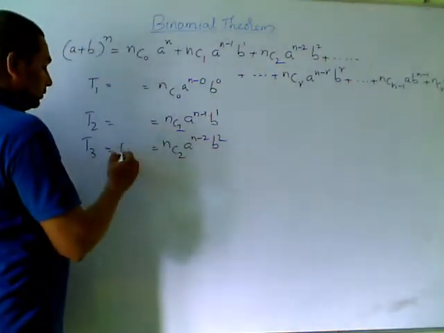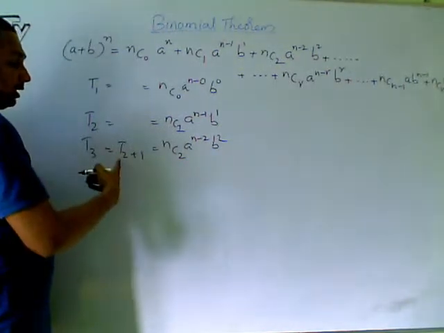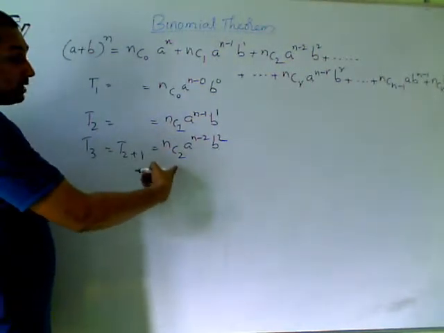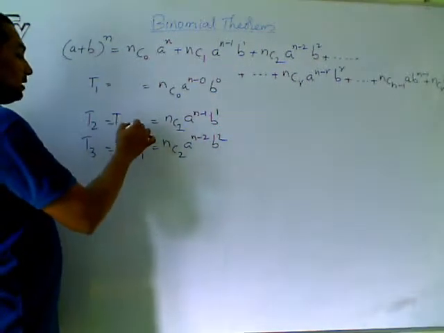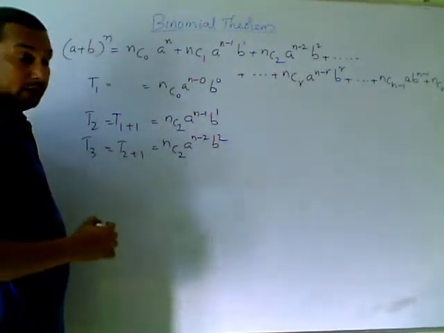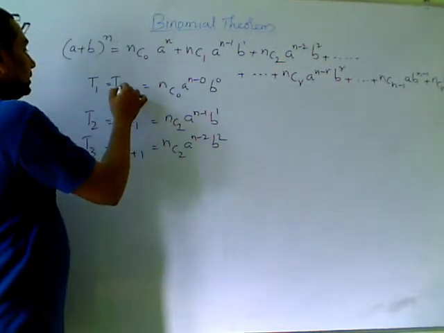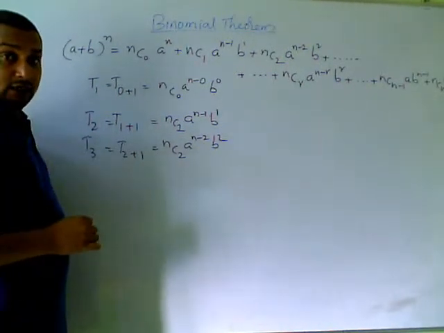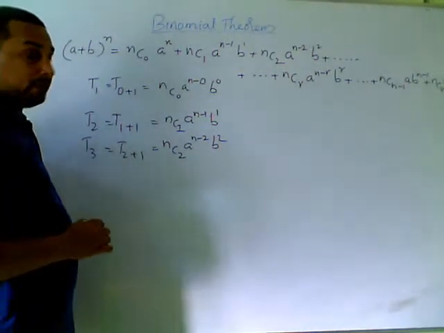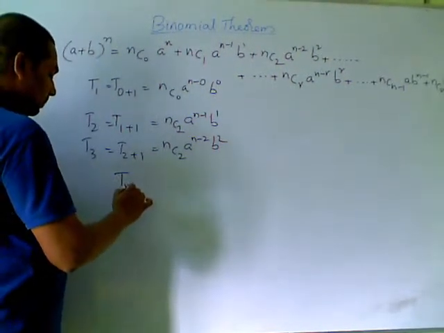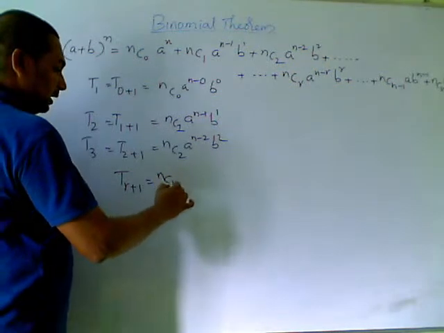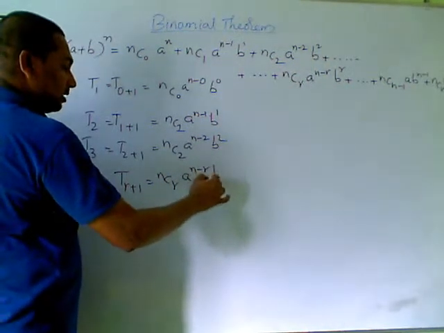So t(1 plus 1) is equal to nC1 a power n minus 1 b power 1. t(0 plus 1) is equal to nC0 a power n b power 0. So t(r plus 1) is equal to nCr a power n minus r b power r.